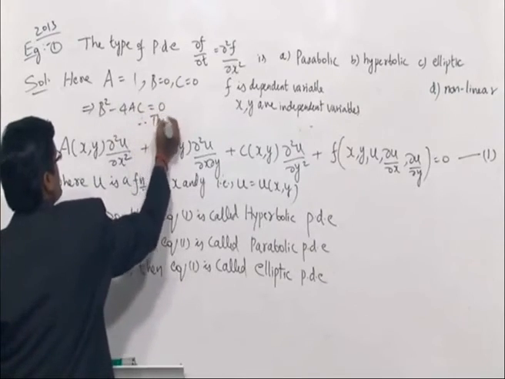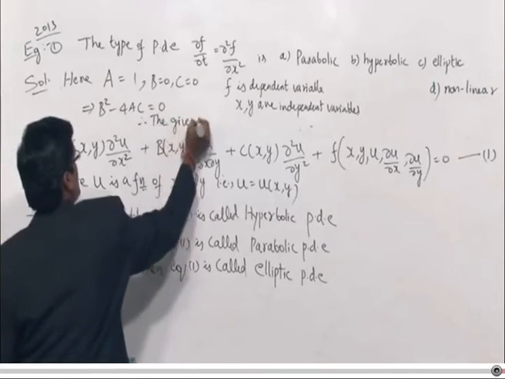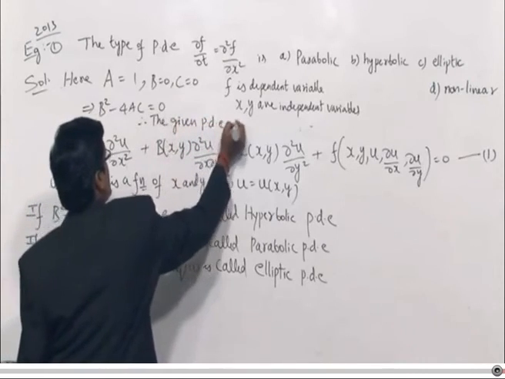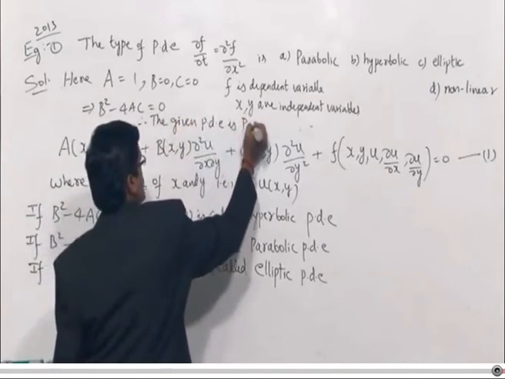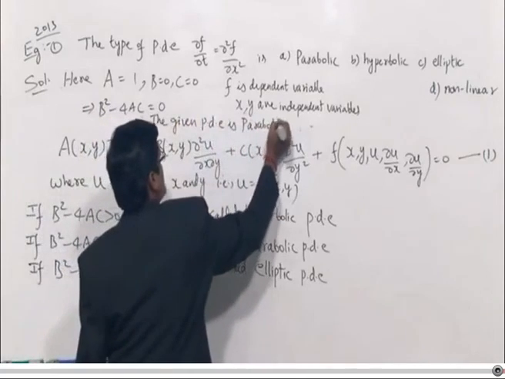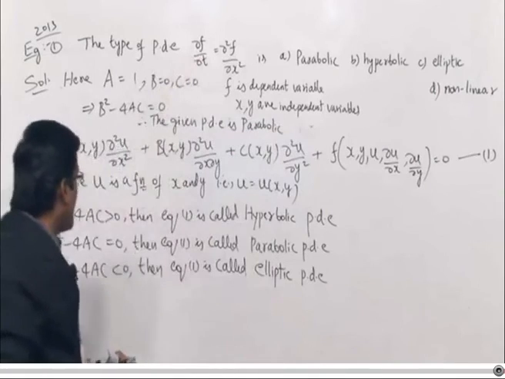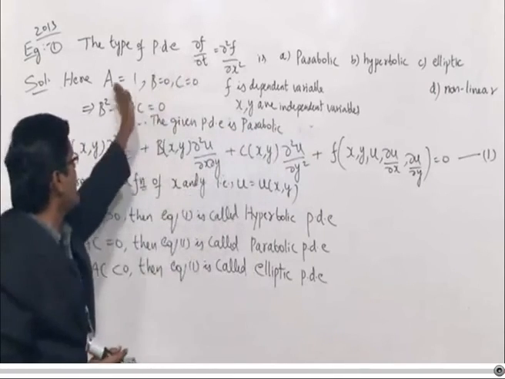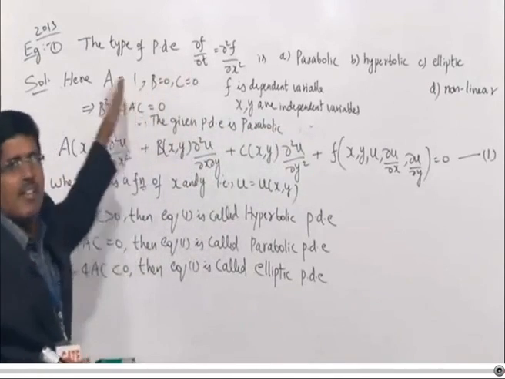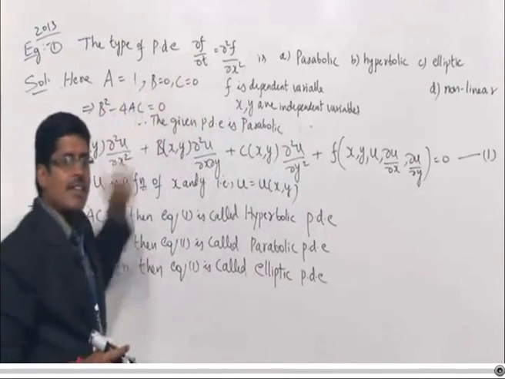Therefore, the given PDE is parabolic. So observe the two independent variables and dependent variable unknown function and compare with our standard notation, then calculate, then find ABC, then find b square minus 4ac and decide the nature.